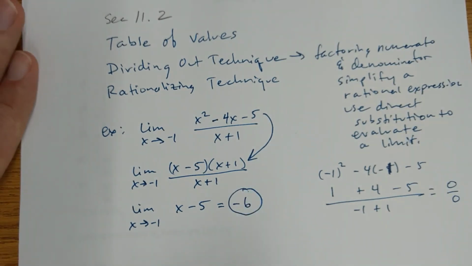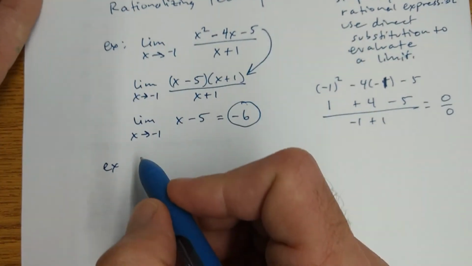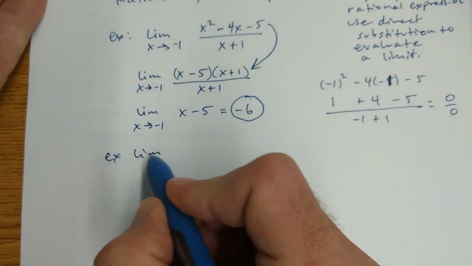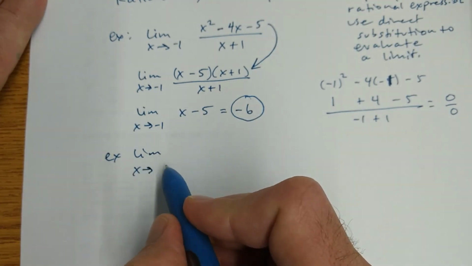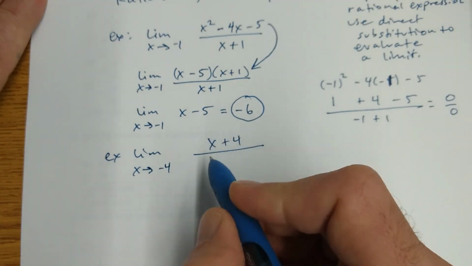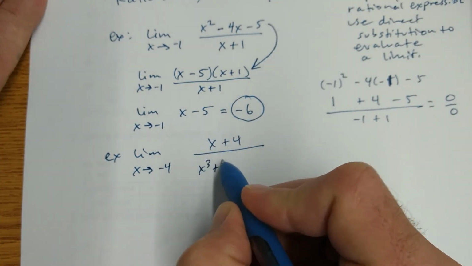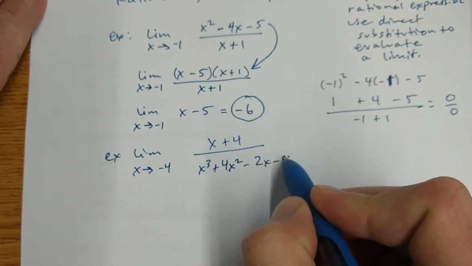Another example, let's try to look at the limit as x approaches -4 of x plus 4 divided by x cubed plus 4x squared minus 2x minus 8.